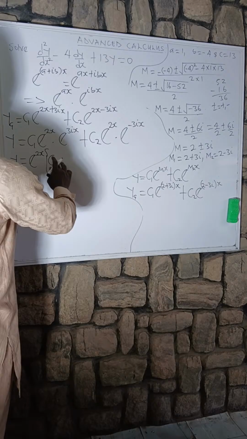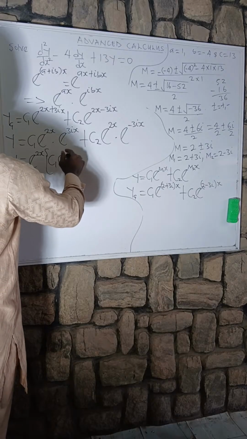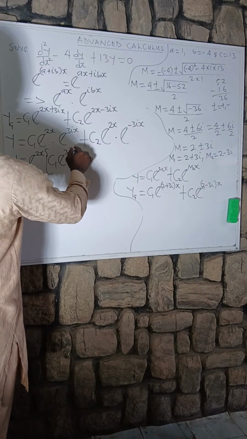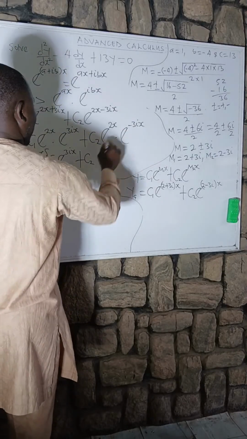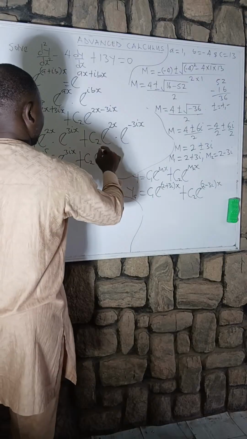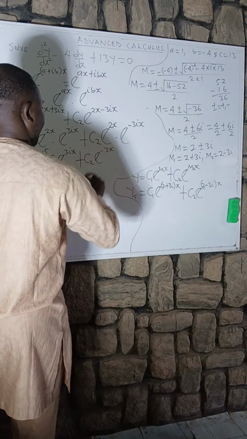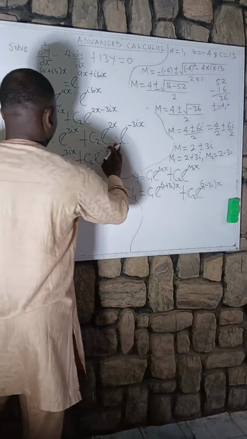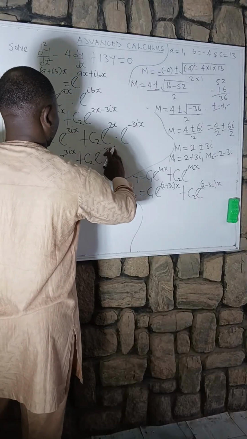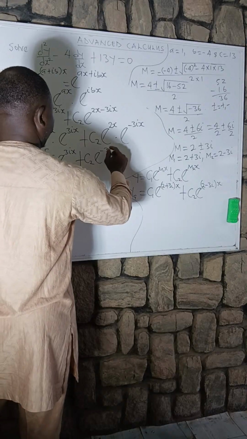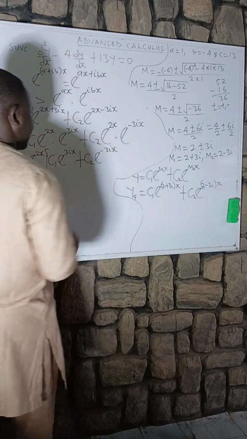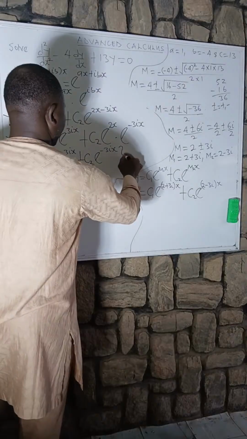c1 exponential 3ix plus c2 times exponential minus 3ix, then close the brackets.